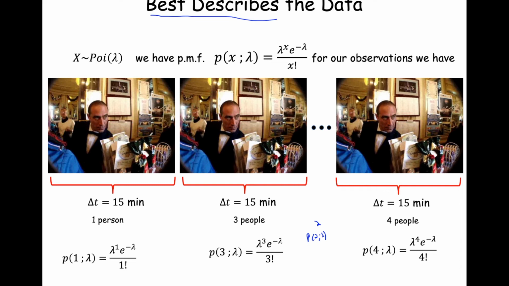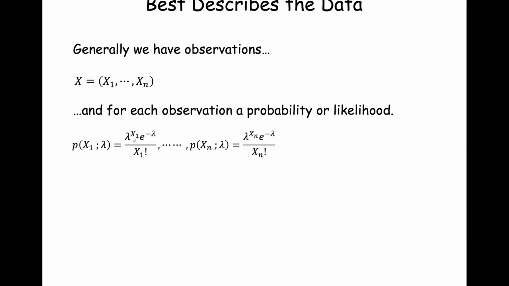And then we had 3 people and 4 people. For the first observation, we evaluated the mass function. For the second observation, we evaluated the mass function. We do that for each of the n many observations. First one, second one, third one, up to and including the nth one, if you have n many samples, right?